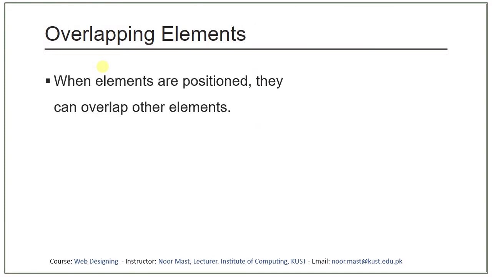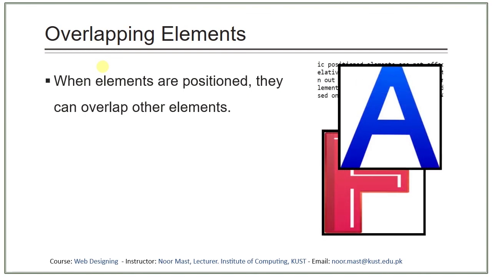Overlapping elements. When you use relative, fixed, or absolute positioning for different elements, then different elements can overlap each other, as shown in this figure. The image of A overlaps the other image. The element that appears later in the HTML code sits on top of those that are earlier in the page.